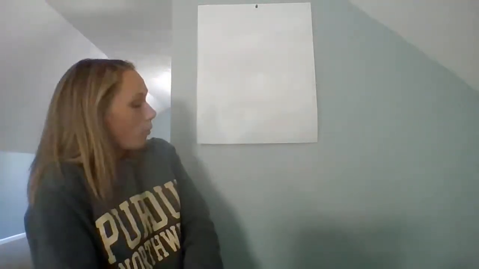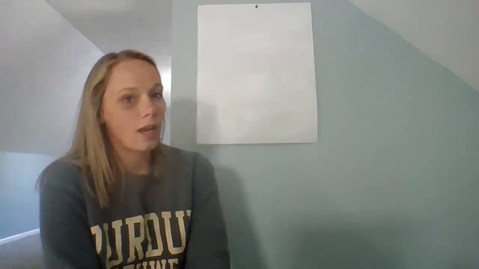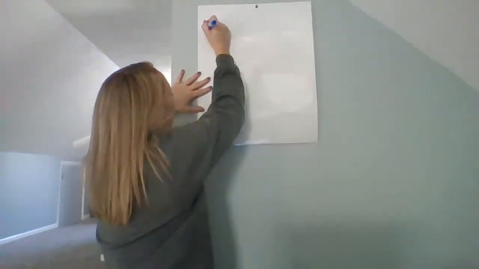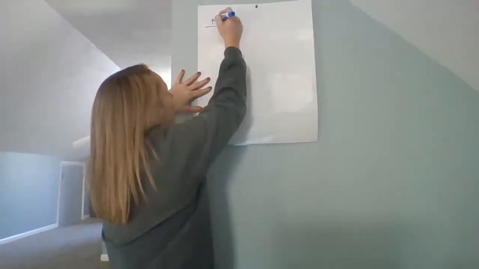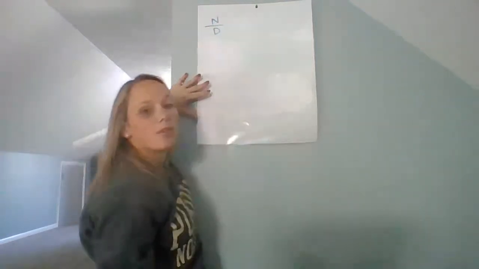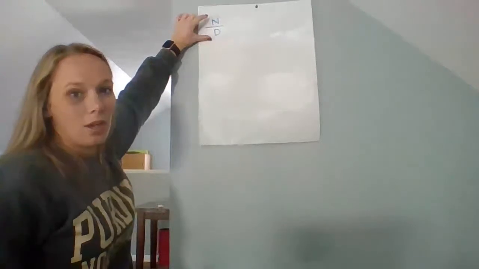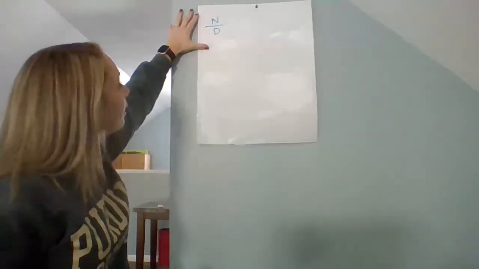So we are still adding and subtracting fractions. So let's look at this. We just talked about one with a common denominator. Remember, in a fraction, the top is a numerator, the bottom's a denominator, and you can remember that if you like Notre Dame, okay?